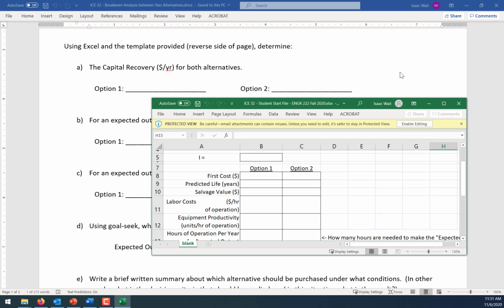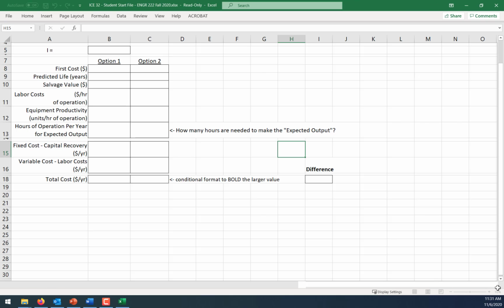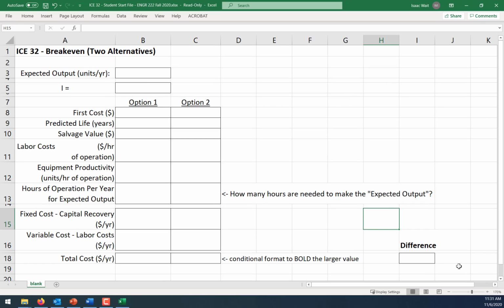Okay, so with this template file, I'd like to pause for a moment and give you a chance to figure this out. I don't want to just jump into showing you the answer, but I think you can fill in a lot of these blanks and start calculating, for example, the capital recovery.